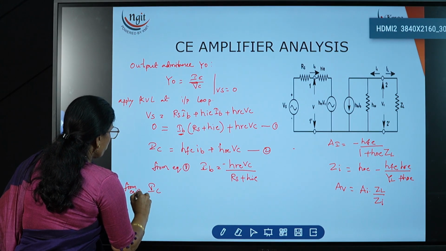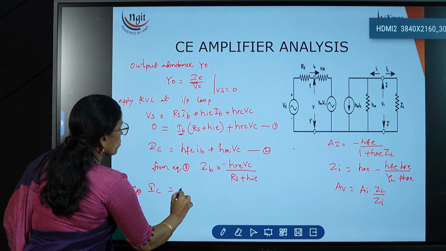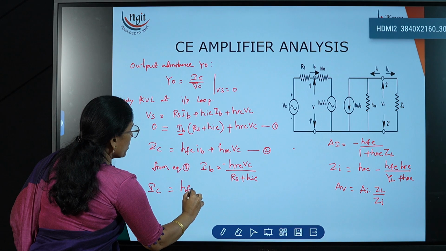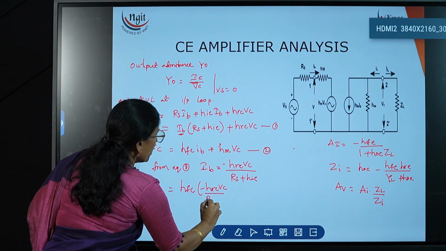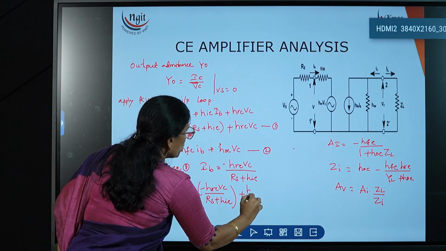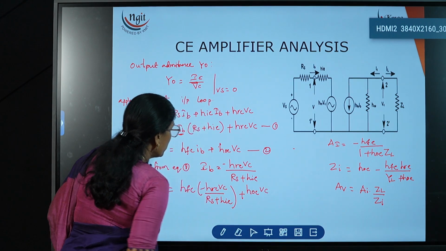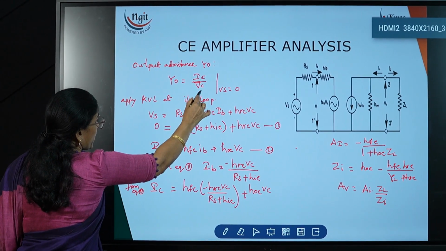By substituting the above equation into equation 2, IC is equal to HFE times minus HRE VC divided by RS plus HIE, plus HOE VC. Now take VC common and write the expression in terms of IC divided by VC.